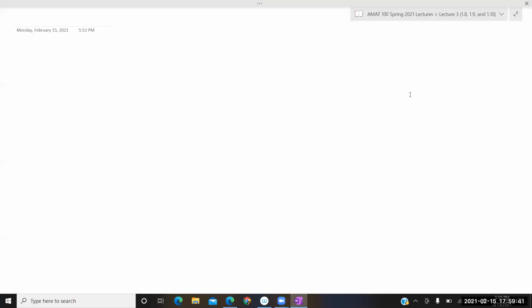Let me share my screen. OneNote. So far we've dealt with equations, and in this section 1.8, we're going to deal with a sort of generalization of these. Hold on, okay.